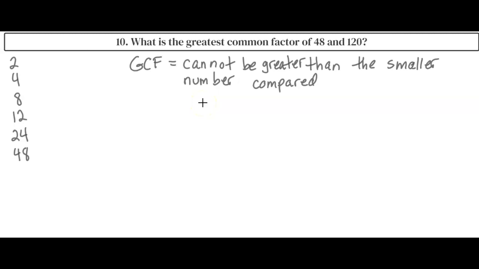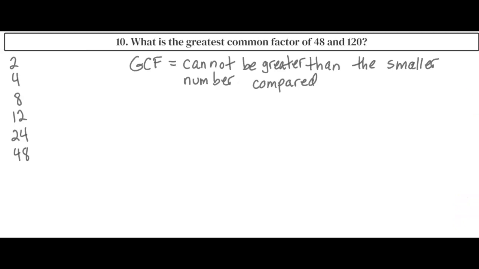That's why, for the sake of time, I wrote down certain numbers that may go into 48 and 120. And obviously, to confirm the greatest common factor, we have to make sure that that number that we wrote to the right goes into both 48 and 120.